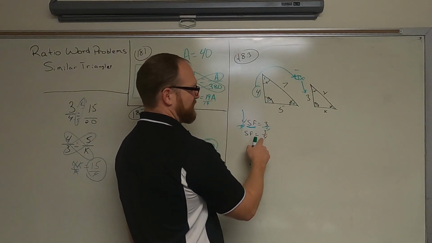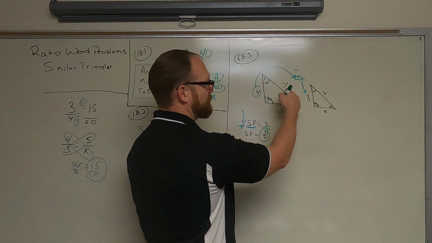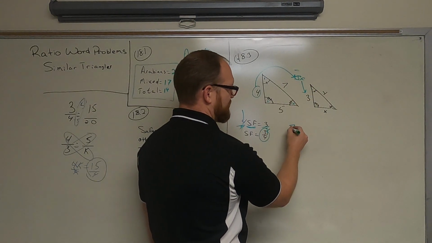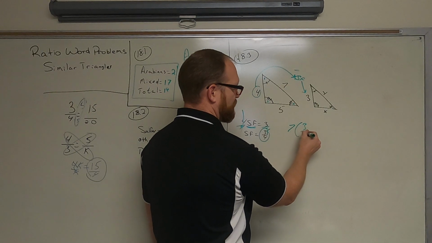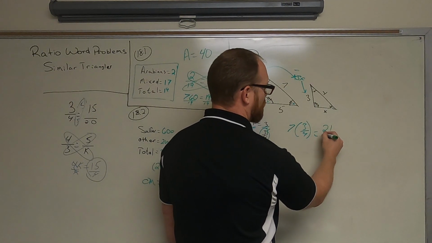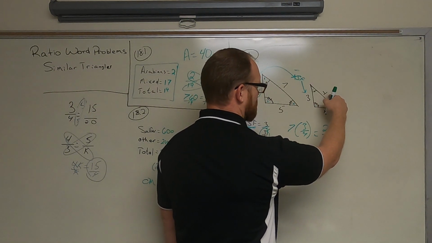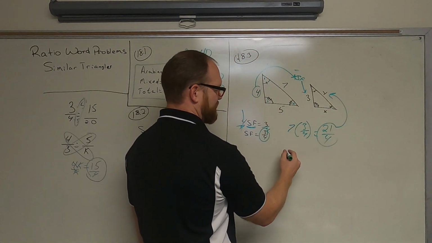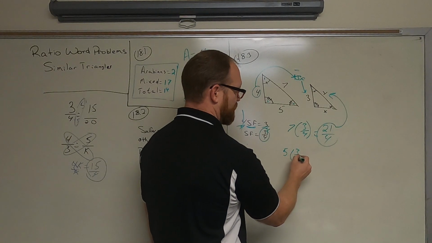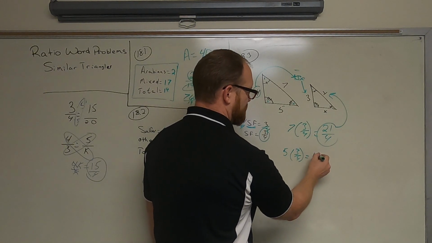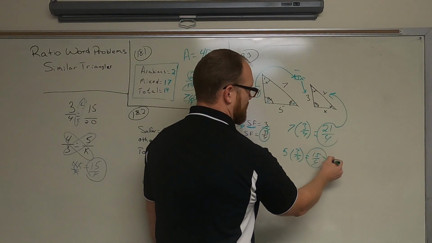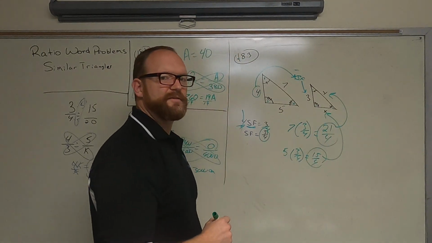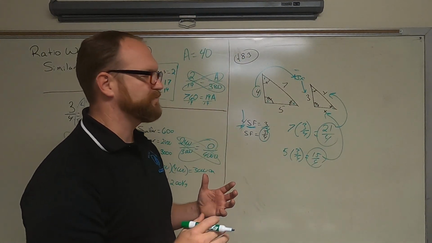Now I can just multiply every other side by 3 over 4. 7 times 3 over 4 equals 21 over 4. That's y. Then 5 times that scale factor, 3 over 4, is 15 over 4. That equals my x. So once I find that scale factor, it's pretty easy.